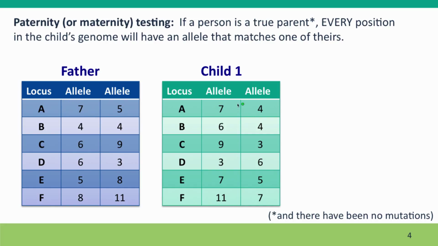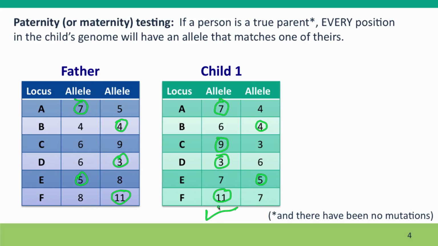So here, the child's got 7 and 4, the father's got 7 and 5, so that allele matches. The child's got 6 and 4, the father's got 2 allele 4s, etc. And for true paternity, every allele must have a match. 5 and 5, 11 and 11. So provided this carried through for all 13 loci, we would say, yes, this man is the father of this child.